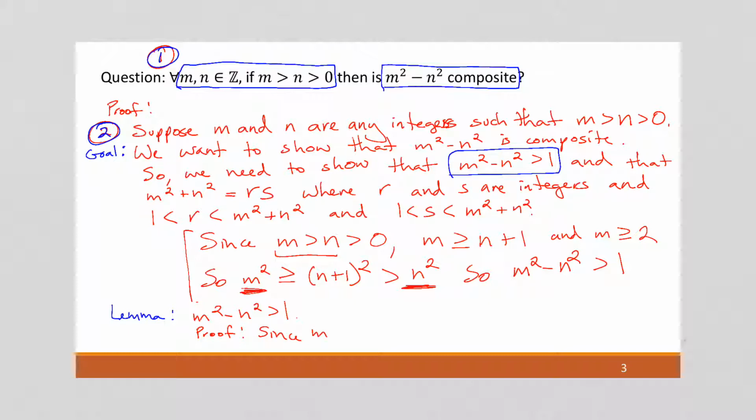And the proof of this lemma is that since m is greater than n, instead of saying that m is greater than or equal to n plus 1, so the greater than or equal can be a little hard to think about. Inequalities are hard. So instead I'm going to let m equal n plus a, where a is an integer and a is greater than 0.